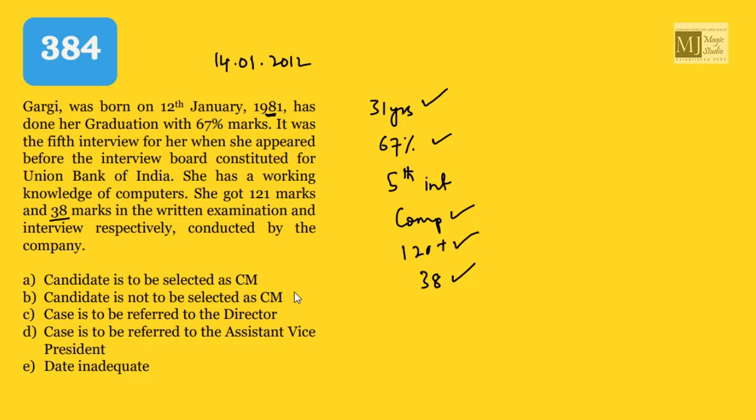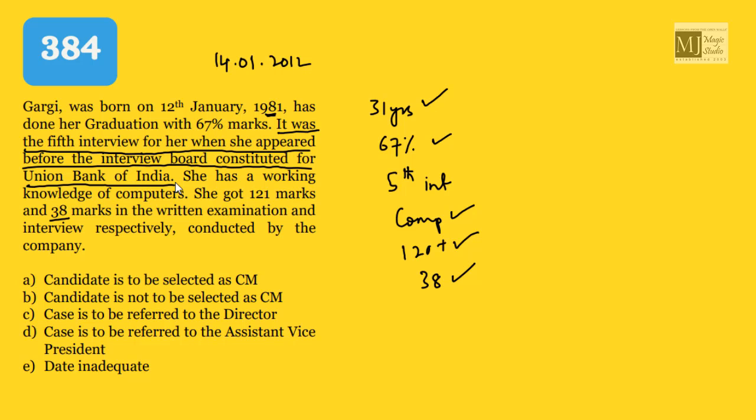But it was the 5th interview for her when she appeared before the interview board constituted for Union Bank of India. And what is the condition? Number 2 says she must be qualified in at least 5 written examinations of bank PO.